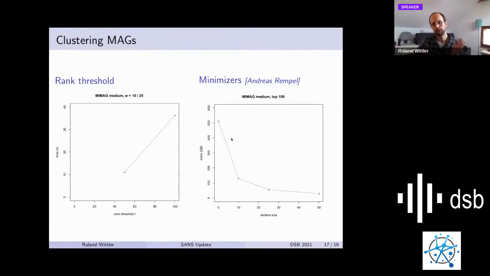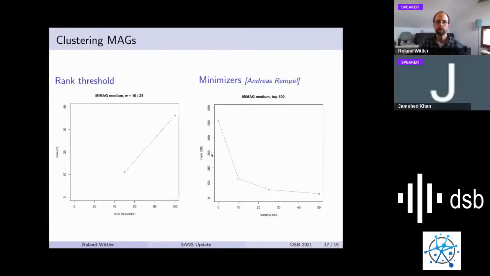So instead of considering all the Kmers that we observe in the genomes, we take windows of a certain size, so and so many Kmers, and we only consider that Kmer that is the lexicographically smallest one within this window. And the larger we take the window, the fewer minimizers we end up with. This also saves time, but in particular it saves a lot of memory, as you can see here.